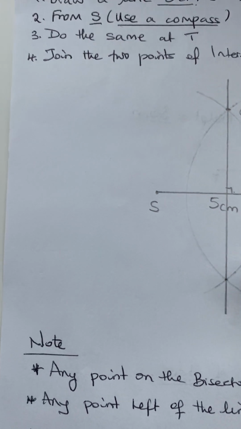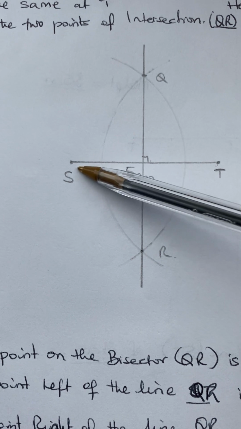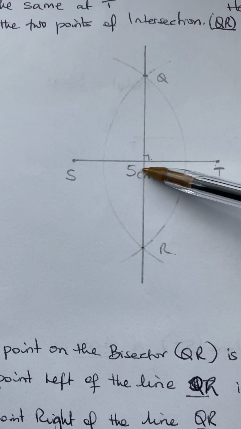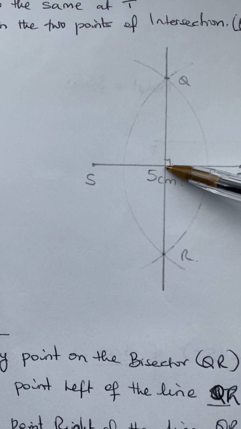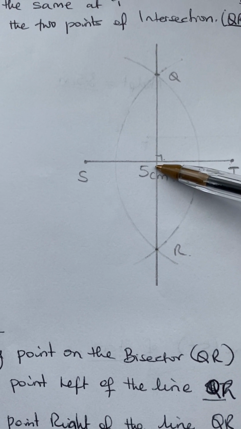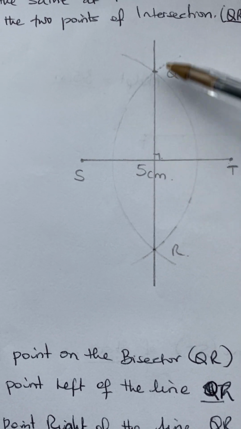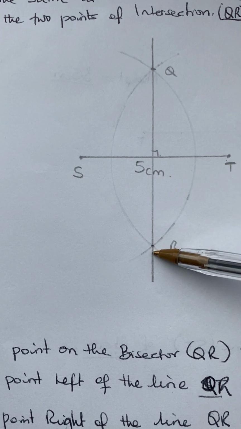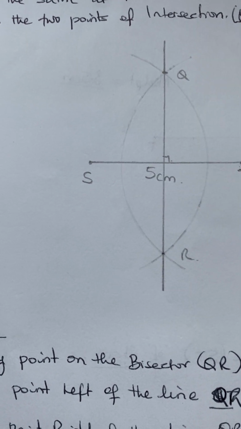Now what have we done? We've divided the line of 5 centimeters into two equal halves. This point is 2.5 centimeters. This line here, our perpendicular bisector, is perpendicular because it's at right angles.